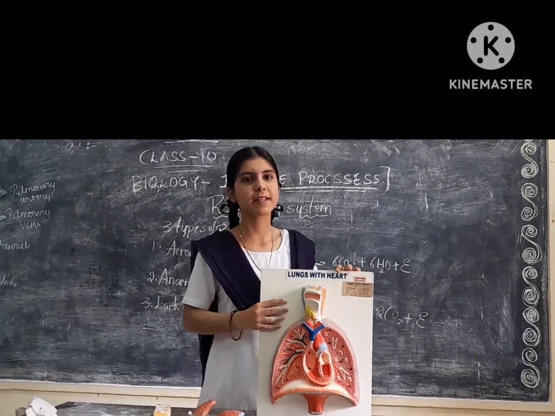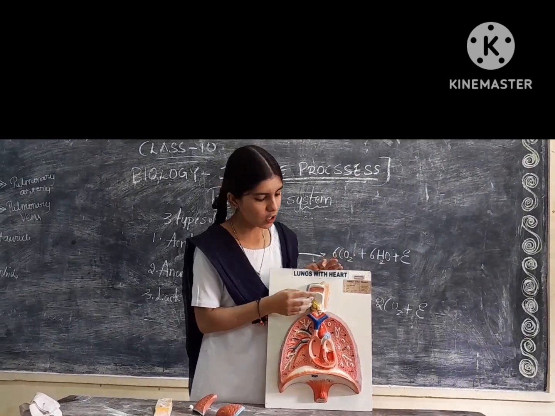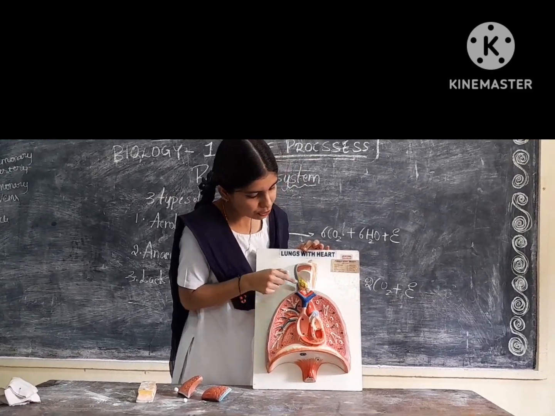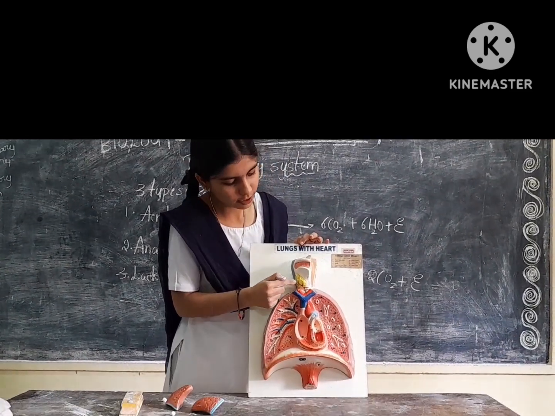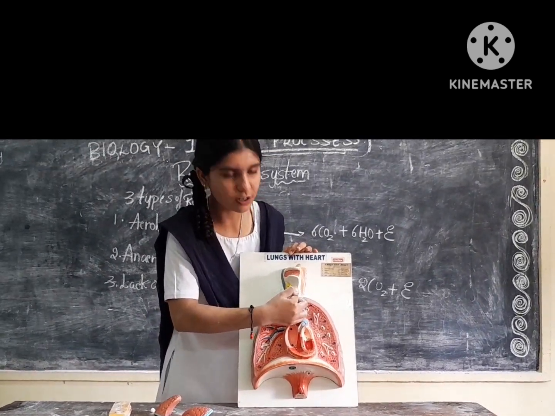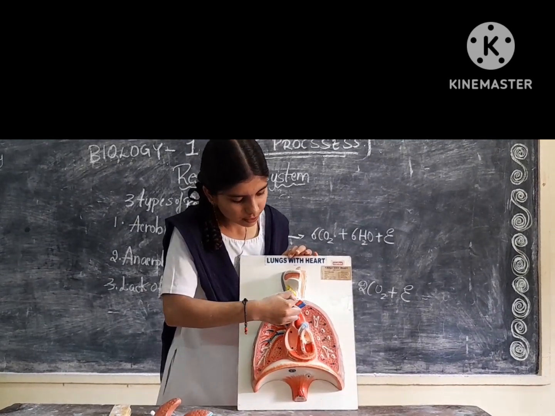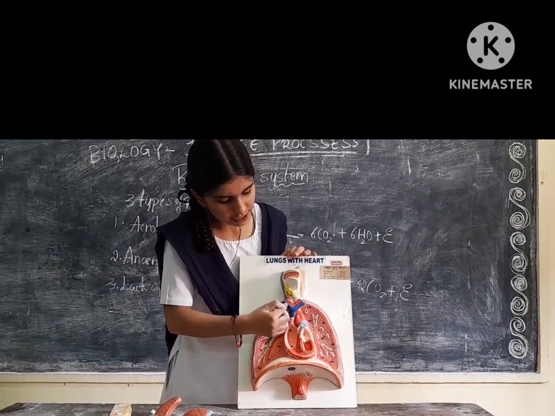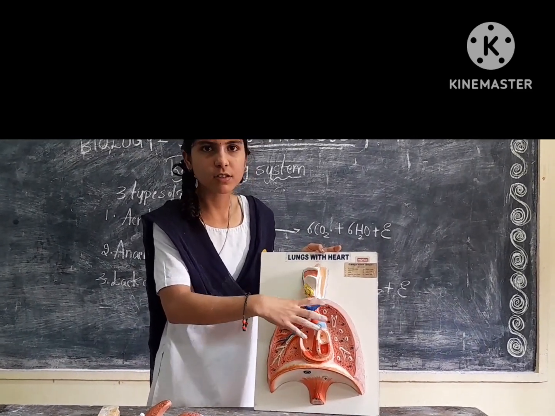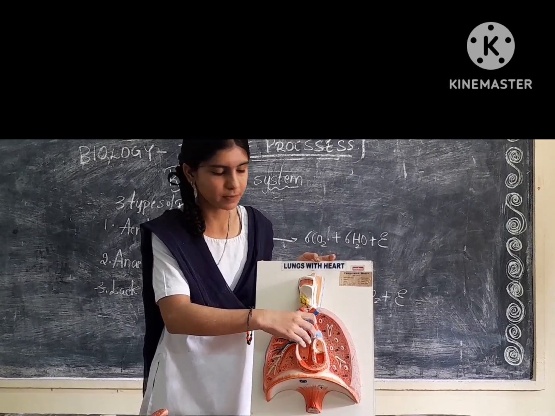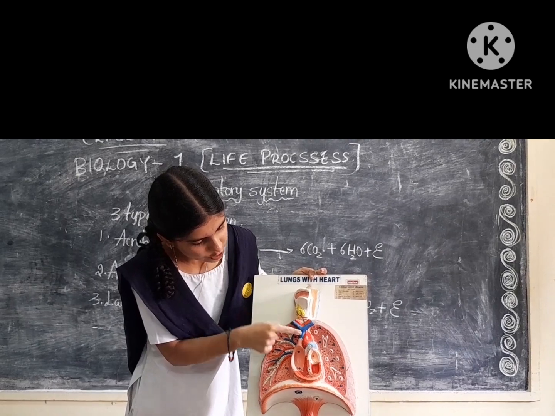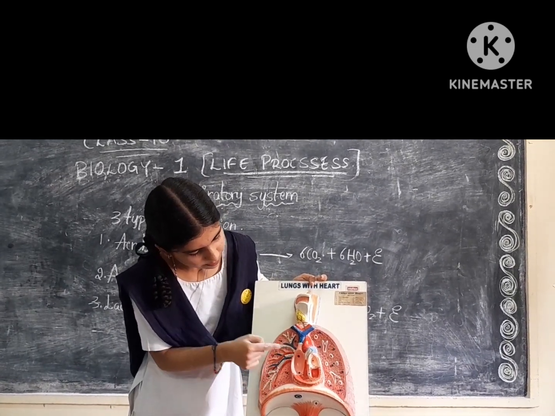Let's learn this process with the respiratory system. We inhale the oxygen from the nasal cavity to the mouth cavity, to the pharynx, then to the larynx, to the trachea, and next from the trachea to the bronchi.